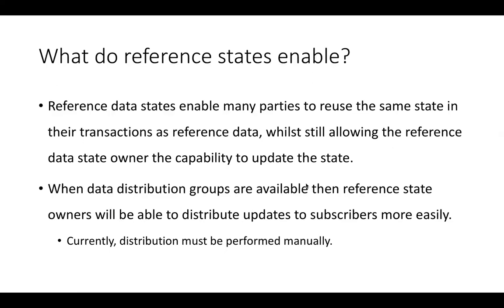So if you have 100 states, then for each one of those 100 states you need to figure out whether that state is relevant or not. So you need to deserialize that state object, figure out who the participants are, so figure out what those public keys are, and then see if we can get a match with one of the public keys that's already stored in the key management service.